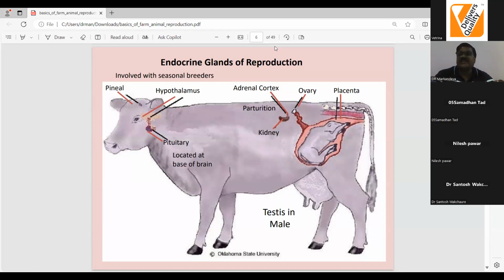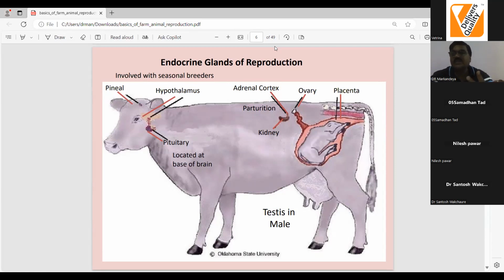All field veterinarians are requested that with the first pubertal estrus, it is our bounden duty. Please remember, whenever we are in touch with the professional dairy farmers, it is our bounden duty to attempt rectal examination. Pubertal animal, rectal examination is mandatory. That will signify number one, normalcy of each part of the reproductive system, ovaries, fallopian tubes, uterus, cervix, everything we can palpate.